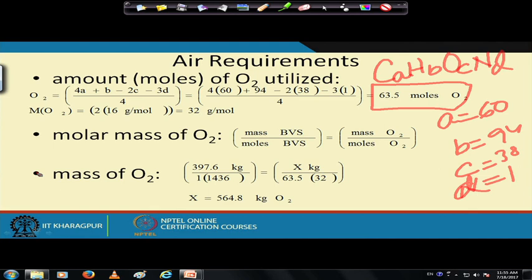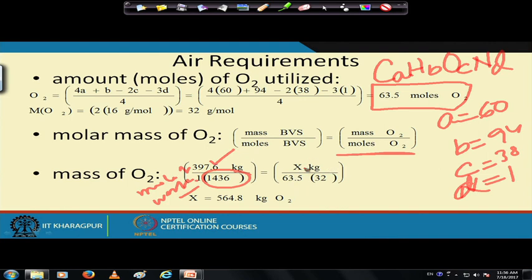We know 397.6 kilograms was the mass, and this is the molecular weight. So this divided by this gives the moles of waste. Then for 1 mole we need this much, so for these many moles you need how much?